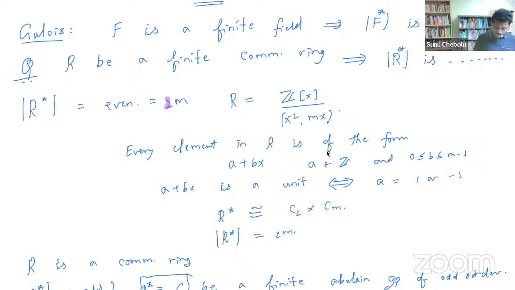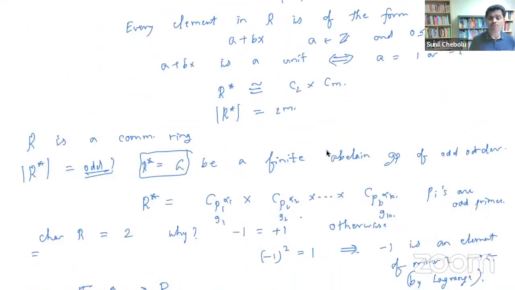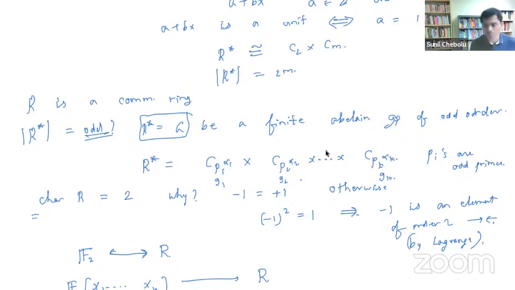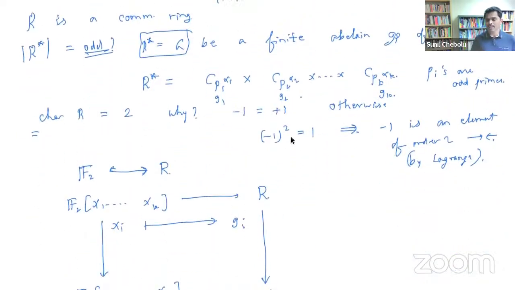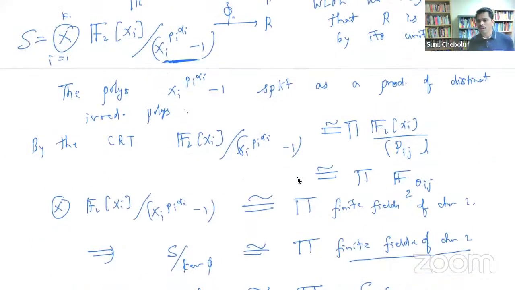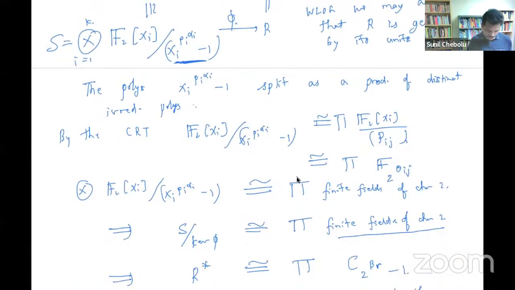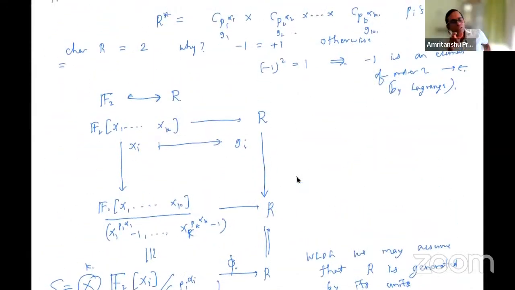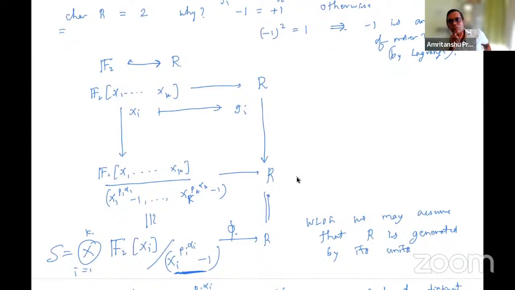The only unit groups you get are products of cyclic groups whose orders are 1 less than powers of 2. That follows from the analysis of what I just proved. But those don't have to be primes, right? Those 2 to the n_i minus 1. No, they don't have to be primes.